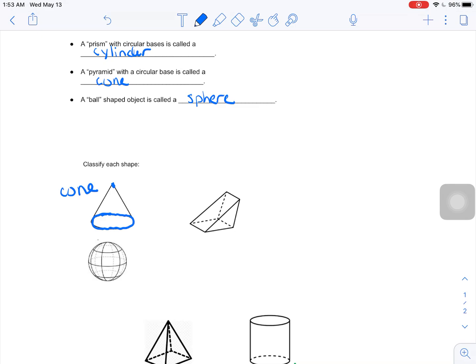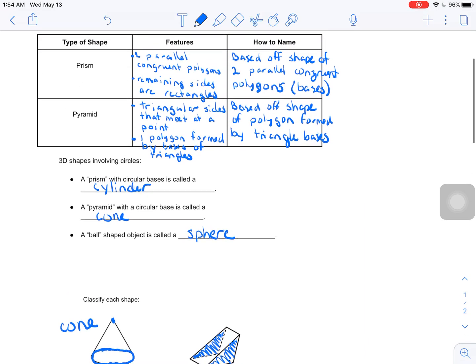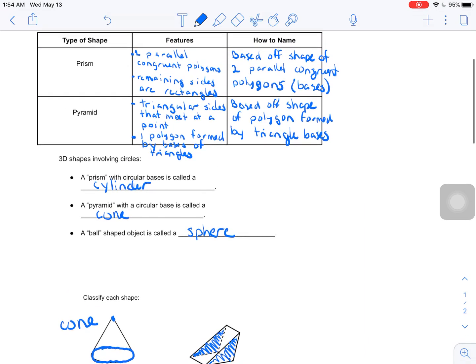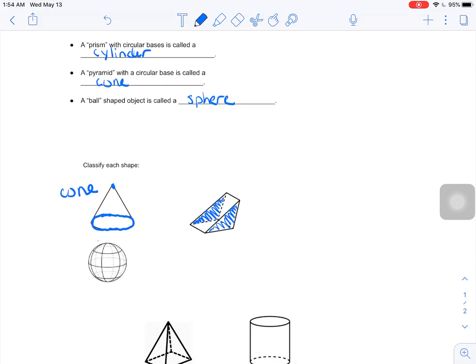Now this one, I am going to highlight. I see two sides that are parallel to each other in this shape. I see a side right here, and then this side right here. Those sides are running parallel to each other. So that fits the two parallel congruent polygons.